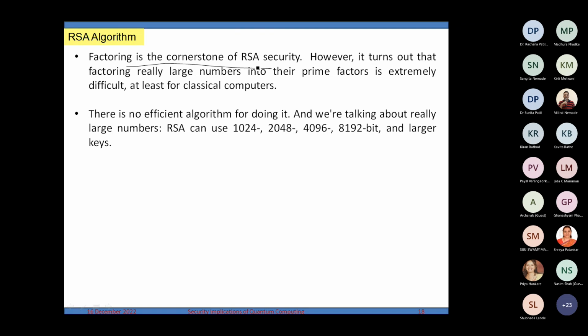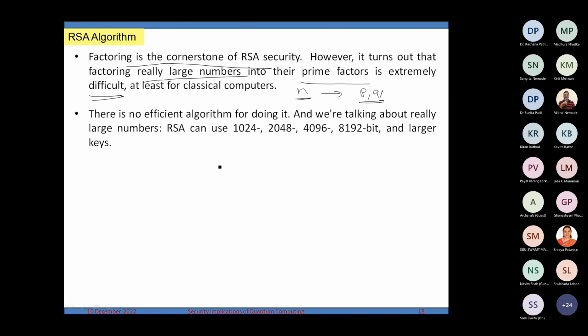The security of the RSA algorithm lies with number factorization. Factoring really large numbers into their prime factors is extremely difficult for classical computers. So knowing N and deriving P comma Q, the prime factors, is extremely difficult for the conventional, current generation computers.